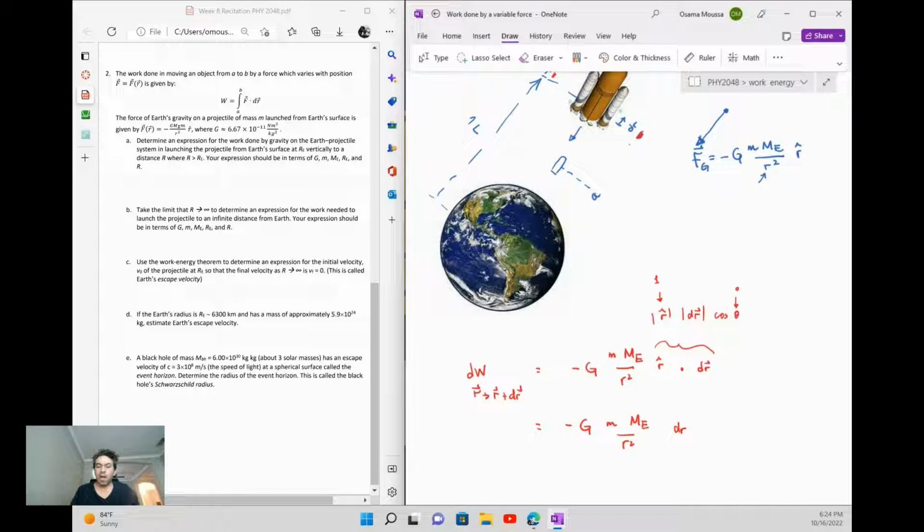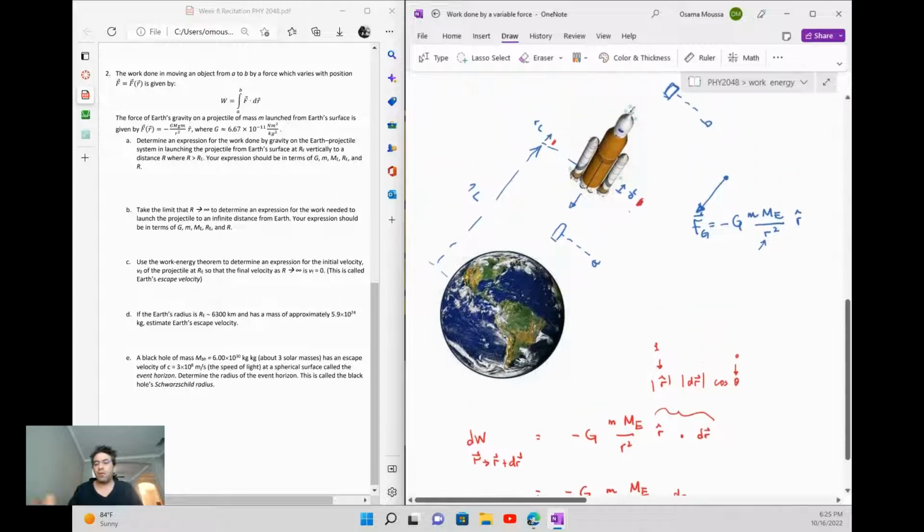The other thing here that I like is that this came out to be a negative quantity, because here I'm expecting the work to be negative because the force of gravity is in the opposite direction of the displacement of the rocket as it moves away from Earth in that little infinitesimal dr. So I'm expecting the force of gravity to do negative work during that little displacement. So in essence, it's contributing to slow the rocket down, as opposed to maybe other forces acting on the rocket that I did not include here on the free body diagram, which is maybe the thrust and so on.